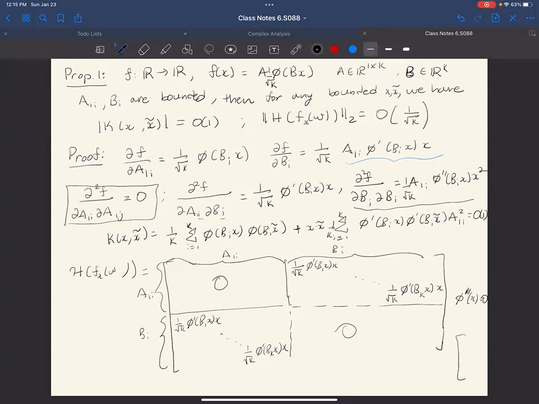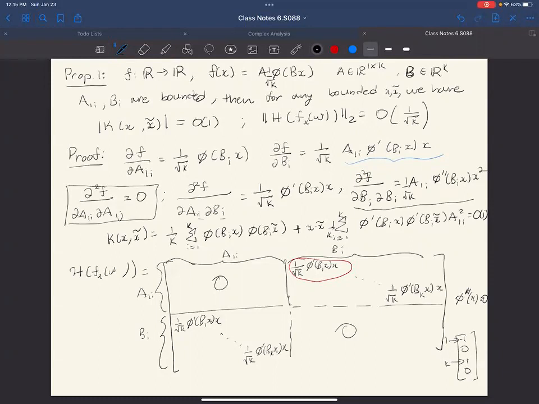So in particular, if I look at the vector which has a 1 in the first position, and then a 1 in the k-th position, so this is position 1, position k, and zeros everywhere else, you'll see that this is an eigenvector with exactly eigenvalue 1 over root k, phi prime of b_i x, x. So it'll have eigenvalue equal to this. On the other hand, if I plug in a negative into one of these, it'll have negative that value.